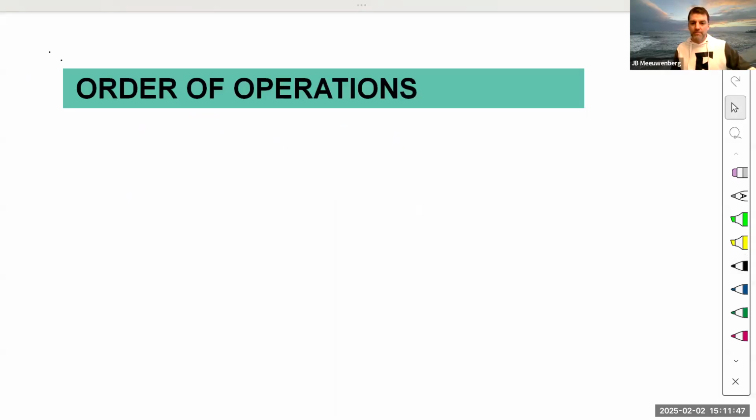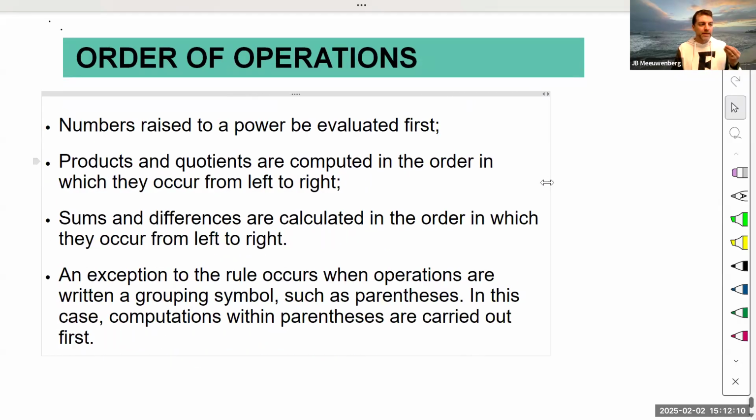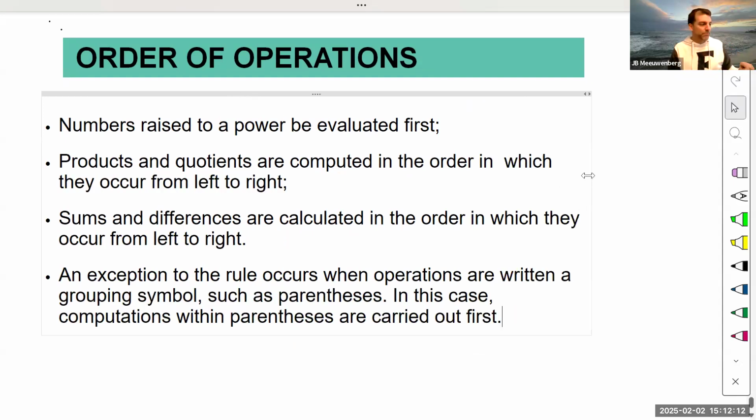And so we talked about this in section 3.3, but we're going to extend it now to include division and raising numbers to powers. So the order of operations requires that, I'm going to just state these in a list here. And then we'll explore them and consider things you already know about this.